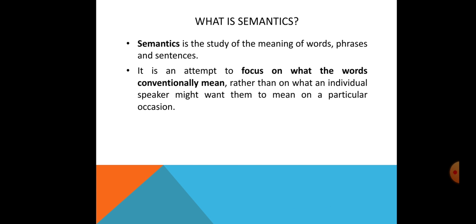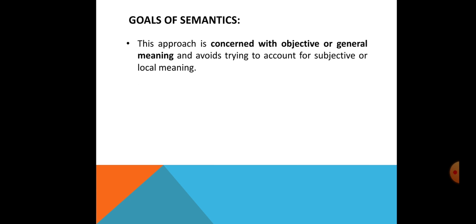And it is an attempt to focus on what the words conventionally mean rather than on what an individual speaker might want them to mean on a particular occasion. So in semantics, we are just focused on the conventional meaning of words based on the dictionary. And the goal of semantics is that it is an approach.